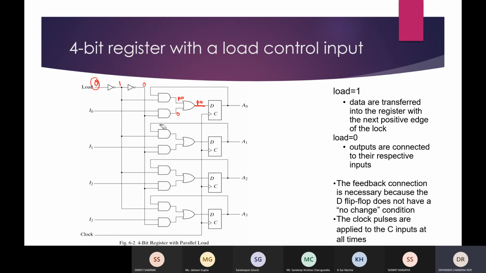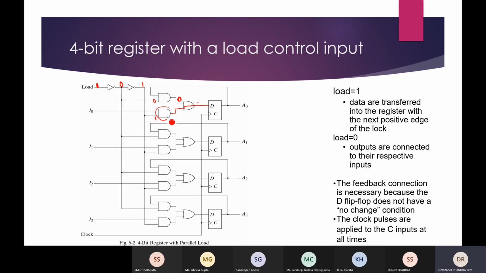But if we consider load is equal to 1, then this will be 0, and this will be 1. So here 1, and this 0 will create 0 here, and then 0 here. So what is going to happen, this D input is connected like this.